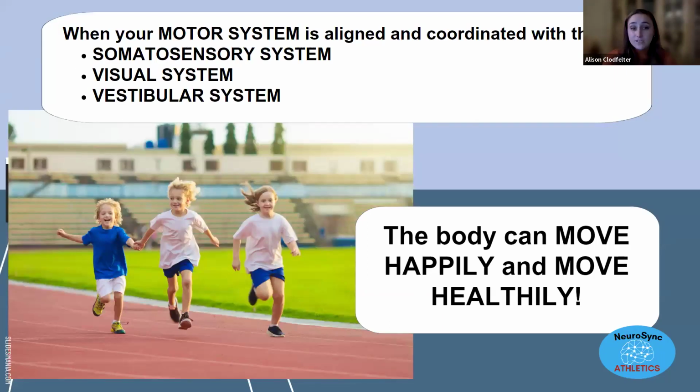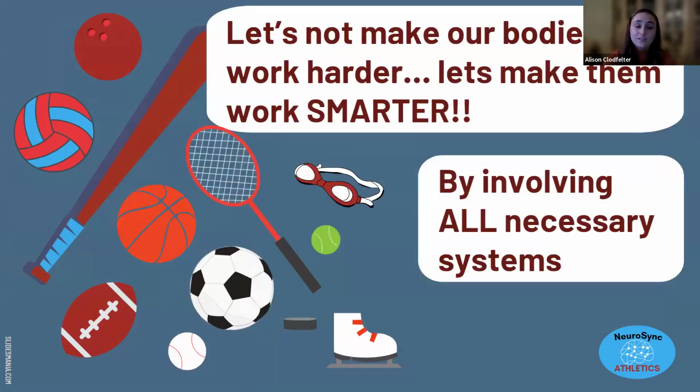So when our motor system is aligned and coordinated with our somatosensory system, our visual system, and our vestibular system, our body can move happily and it can move healthily. Let's not make our bodies work harder. Let's make them work smarter by involving all of our necessary systems.